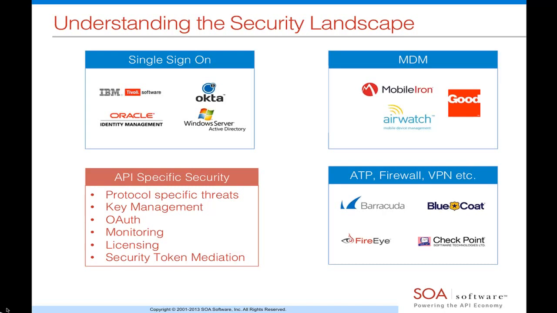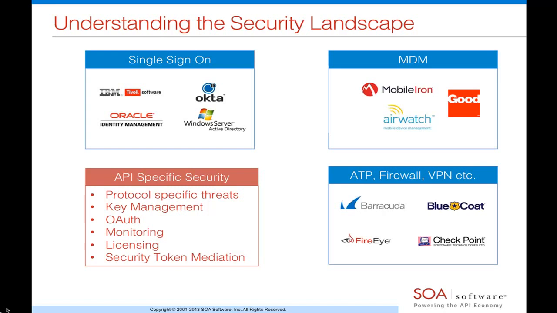And then there are a lot of other security vendors for firewall, advanced threat protection, VPN, backend security, perimeter security, and there's a bunch of vendors over there like Barracuda, Blue Coat, Check Point, FireEye, Juniper, Cisco. You have a bunch of security vendors over there.